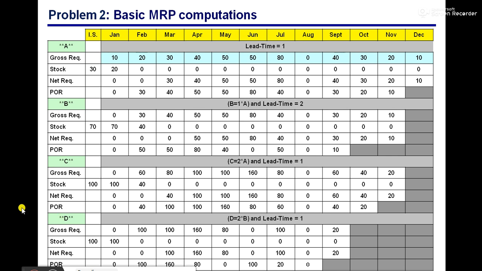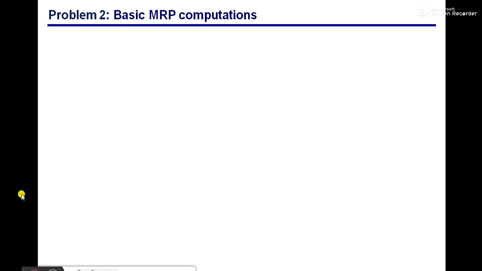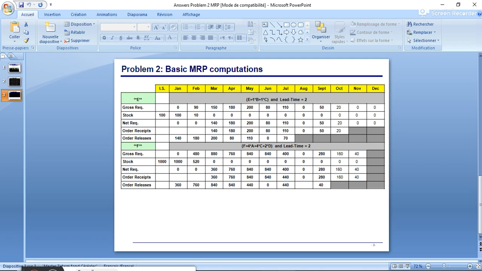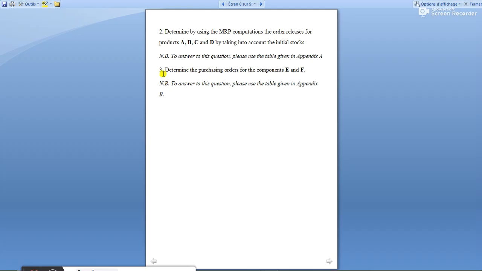Now we go for the last question. It says determine the purchasing orders for components E and F. So components E and F are not made in the company's workshop. They're actually purchased.